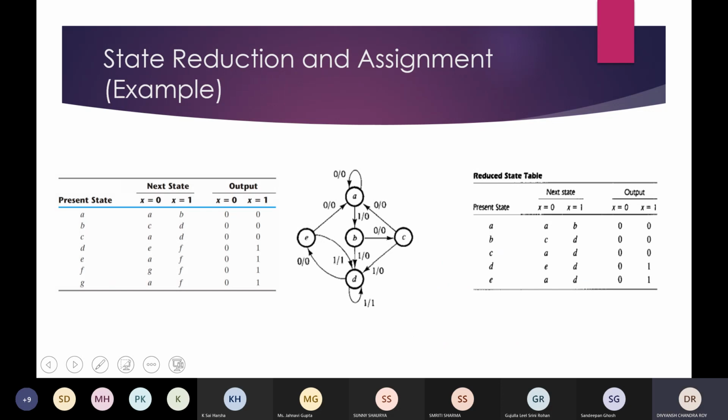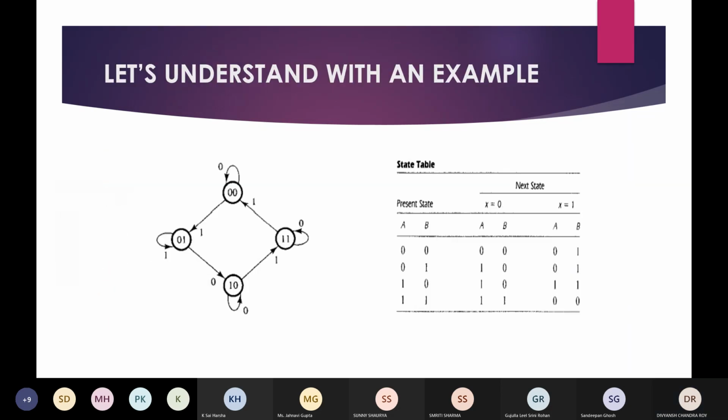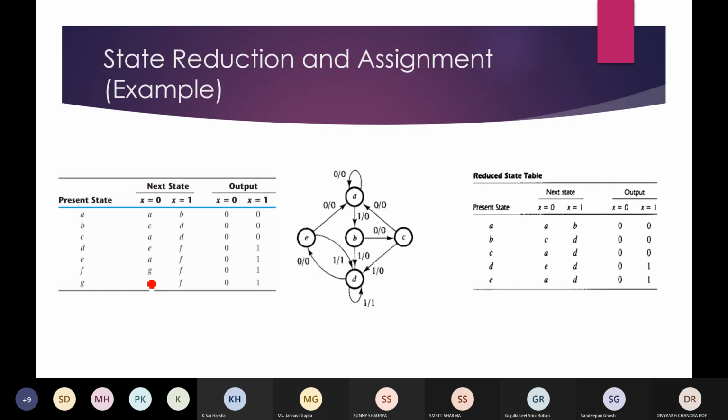Now this is an example to illustrate the state reduction and assignment method. As I mentioned earlier, two states are equivalent if their next state and output are same. So here, if my present state is 0 and input is 0, then my next state is going to A, and if the input is 1, then next state is going to F, and the corresponding output is 0 and 1.